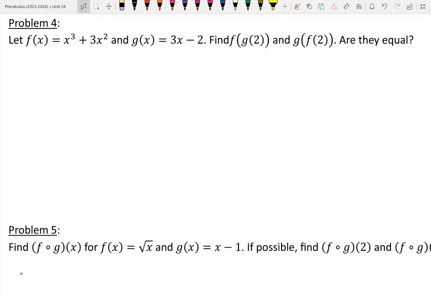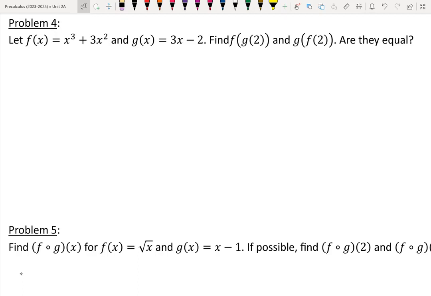So let's look at this problem. Problem number 4. What is different about our compositions now on this problem than we were doing on the previous page? There's an x value, right? It's not just g of x or f of x. We actually have a value.